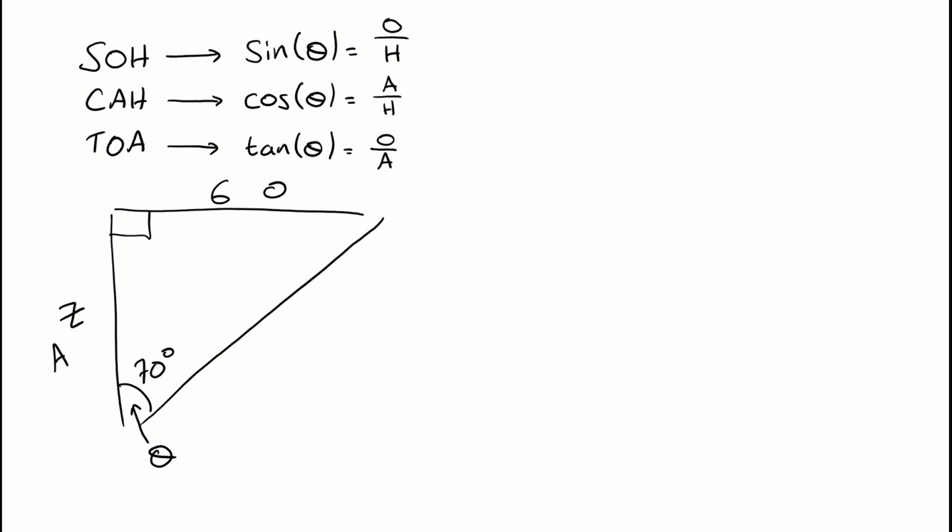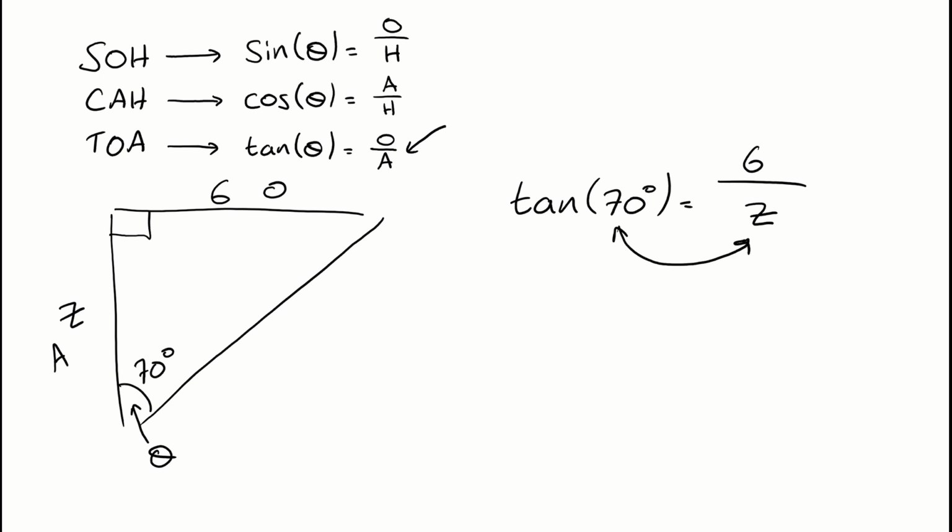So immediately we see that the two sides of interest are my opposite and my adjacent, which gives me my tangent formula. So I take the tan of my angle, which is 70 degrees, and that is equal to my opposite, which is my 6, divided by my adjacent, which is my z. Now I can use my shortcut method here where I just swap these around, and that helps me find what z is.